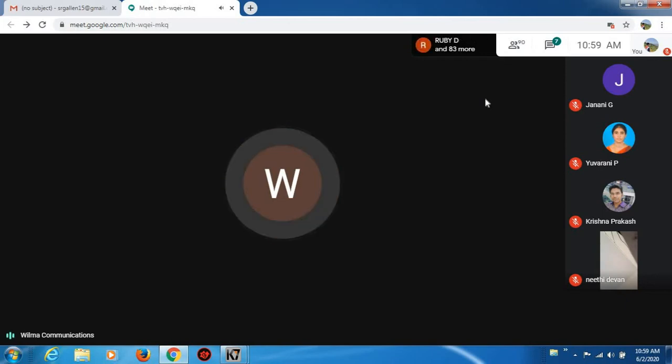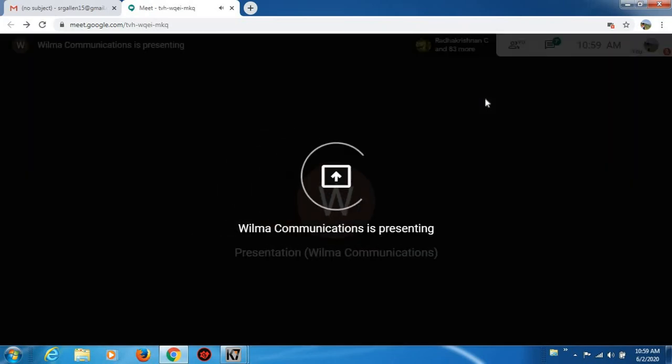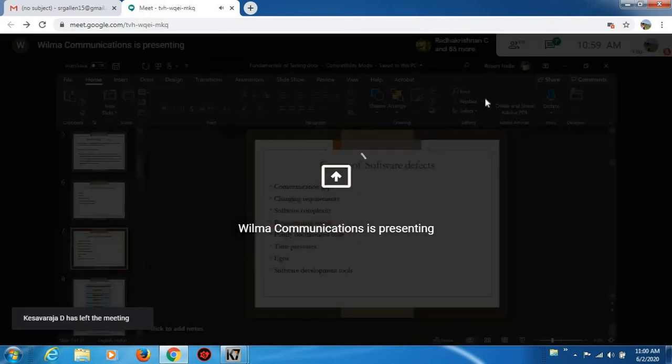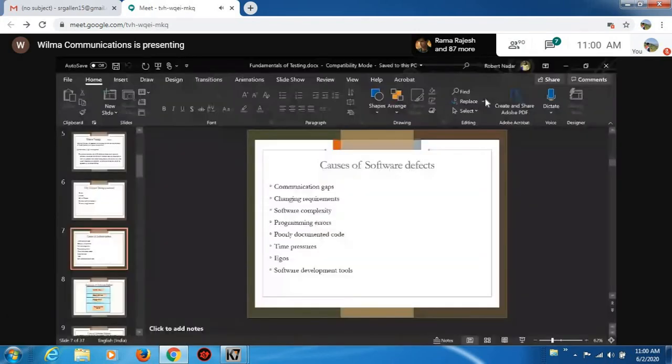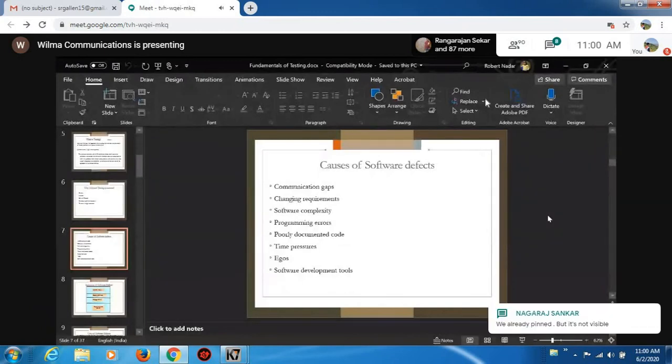There is a possibility that a change of requirement comes, so there is a chance of highly complex requirements coming to the market.